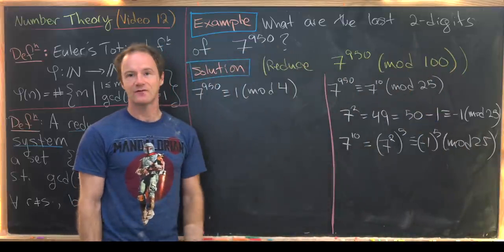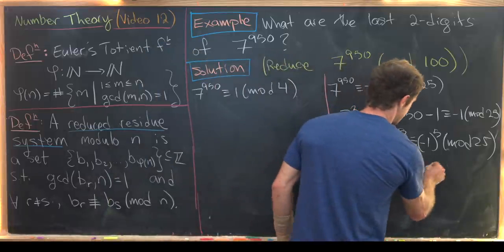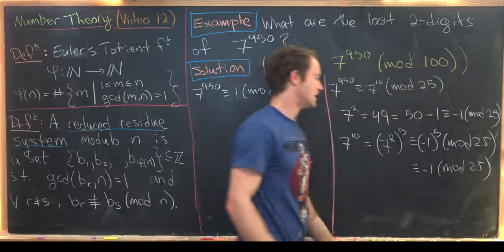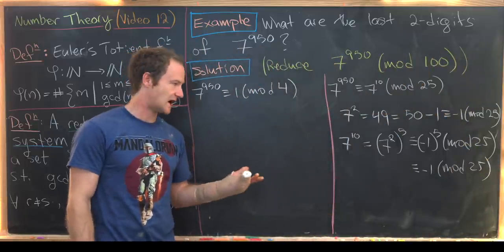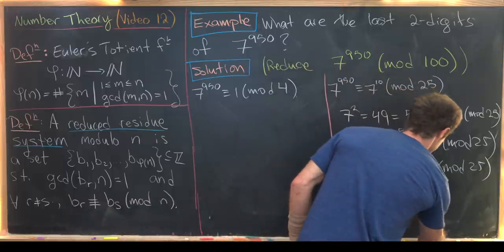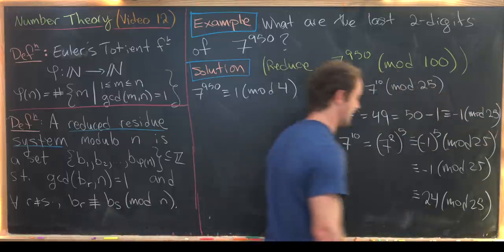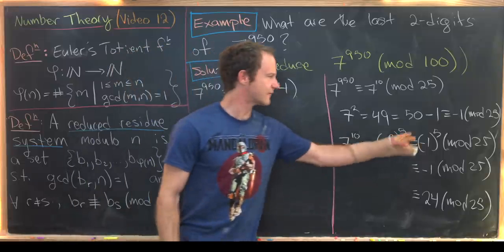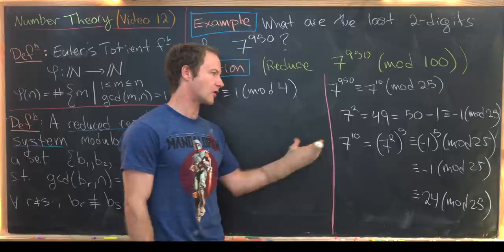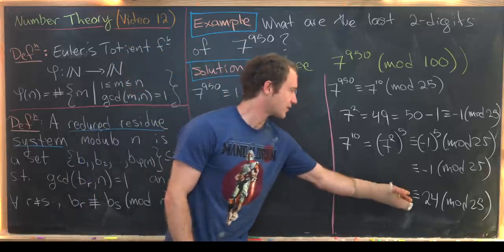But then negative 1 to the 5th power, well, since 5 is odd, that's going to be congruent to negative 1 mod 25. But now we probably want to go back to positive numbers, so negative 1 mod 25 is the same thing as 24 mod 25. So this trick of working with negative numbers when they're small is really powerful whenever you're doing this kind of simplification. Okay, so let's bring that up.